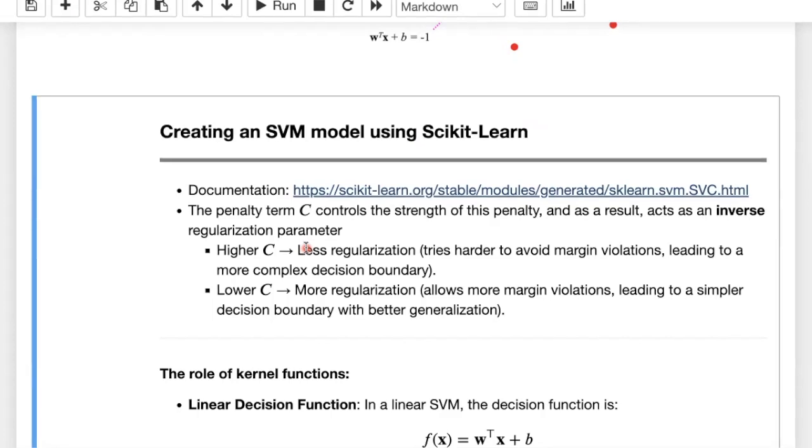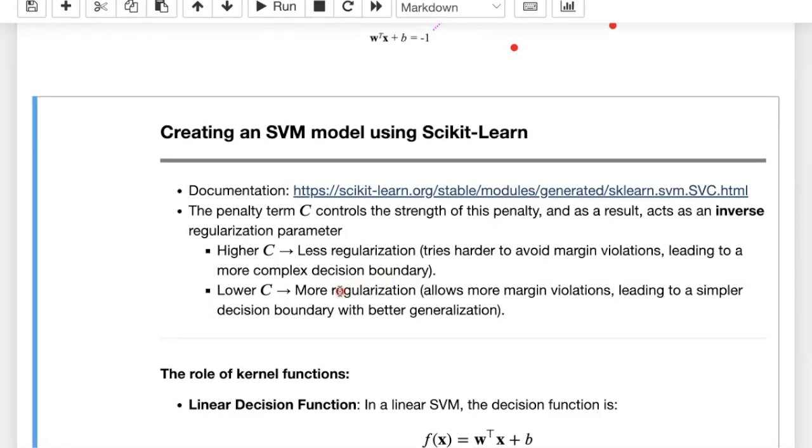However, with lower C, for example when C is very, very close to 0, we can have a lot of margin violations. In this case we have more regularization, so we can have simpler decision boundaries because we don't care about all the other points. We can have some violations to the degree needed. So that's the idea of inversely proportional.